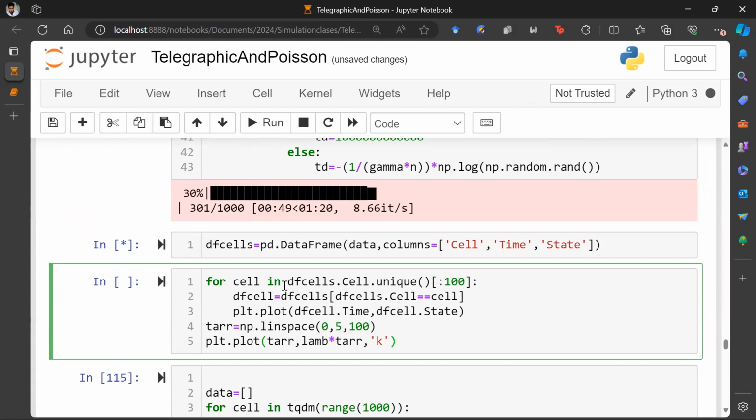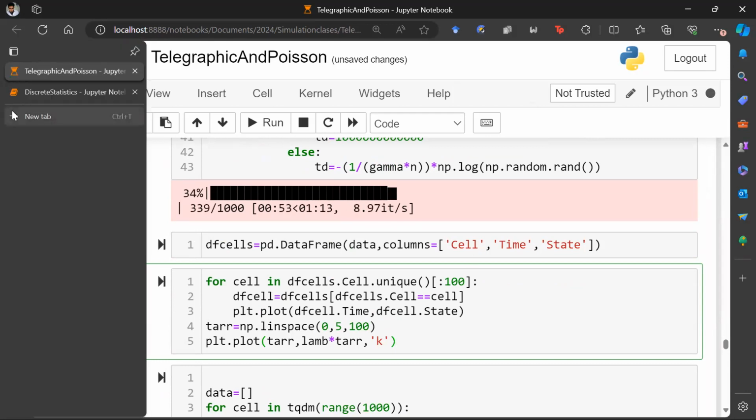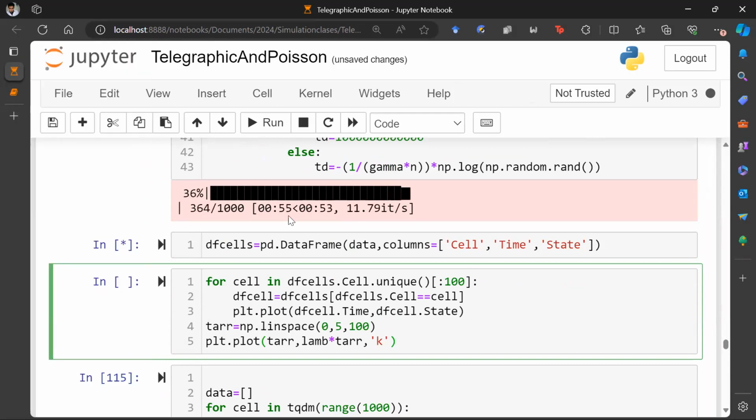Usually what you would do for checking this is to check the mean and the variance.